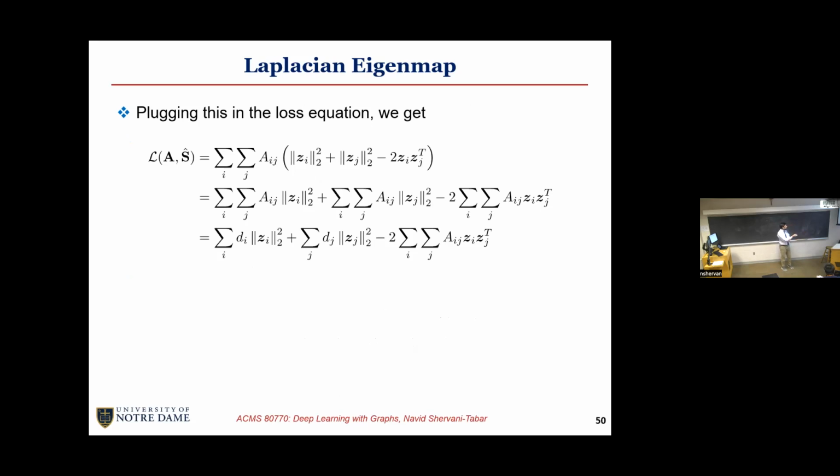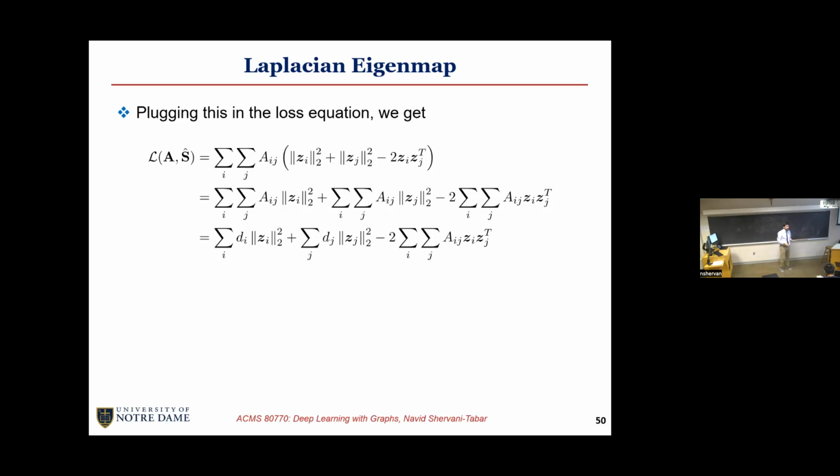Note that I again have sums over the columns and rows of the adjacency matrix, which gives me the degree of the corresponding node. So I combine this sum, and the result is just Di. And the sum over i of Aij is just Dj.